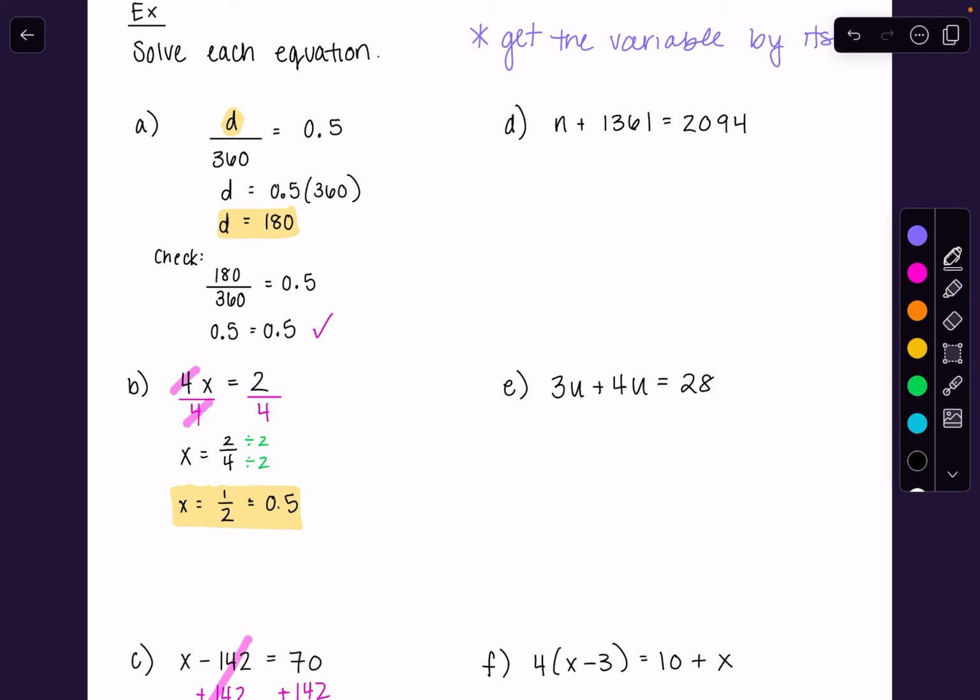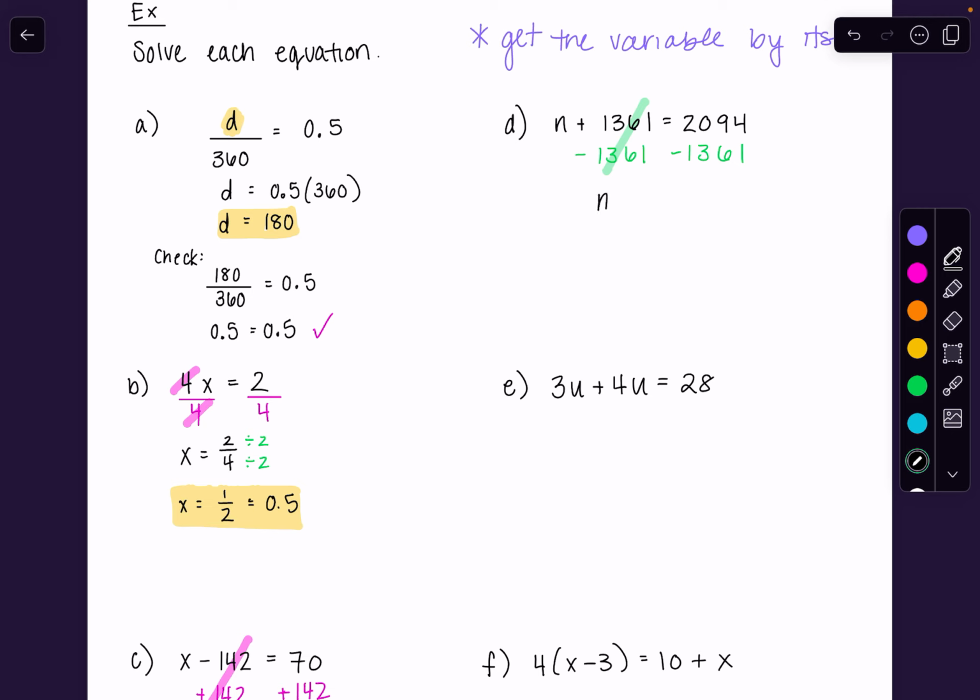Moving on to D, we have n plus 1,361 is equal to 2,094. So to get n by itself, that's our variable, we need to get rid of the 1361. And since it's being added, we will subtract it to get rid of that piece.